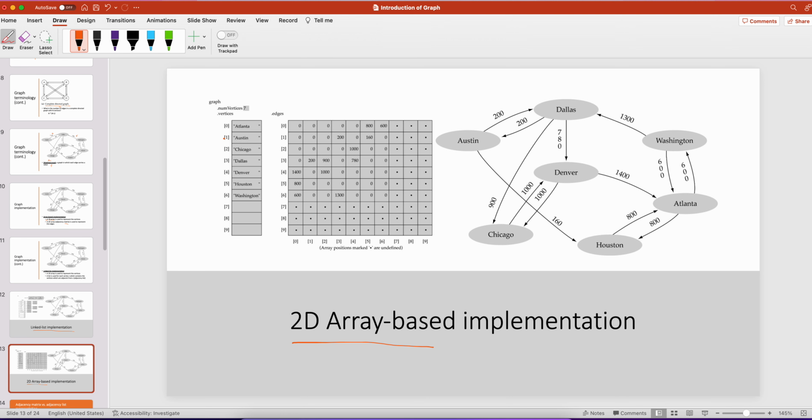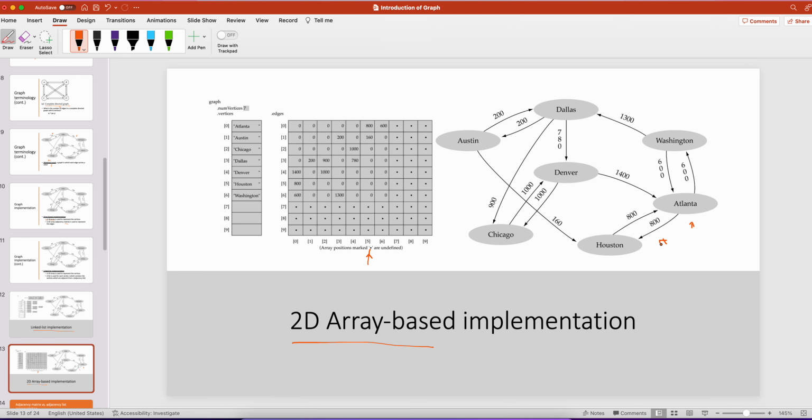For example, 0 is Atlanta, 1 is Austin, so we use a two-dimensional array. For example, 0 and 0 is itself, so it is 0. Then 0 to 5, it is 800. 0 is Atlanta, 5 is Houston, you see? Atlanta and Houston, Houston is here.